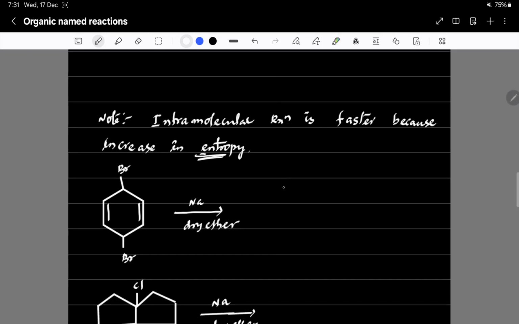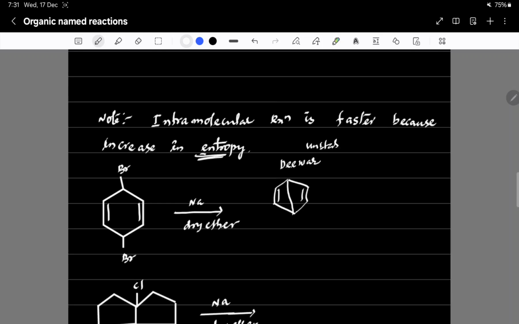Now for example, students, the first product we get is this product. This is called benzene also. One of the structures of benzene was given by Dewar. So this is the Dewar benzene. It is highly unstable only.